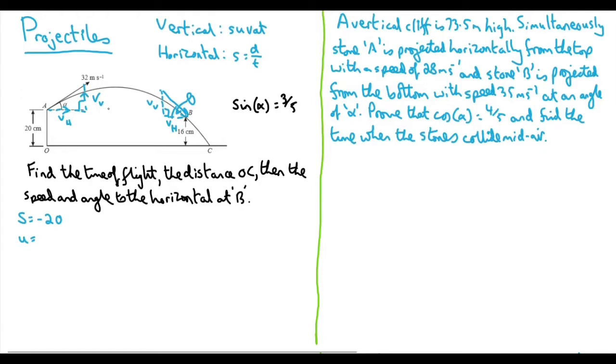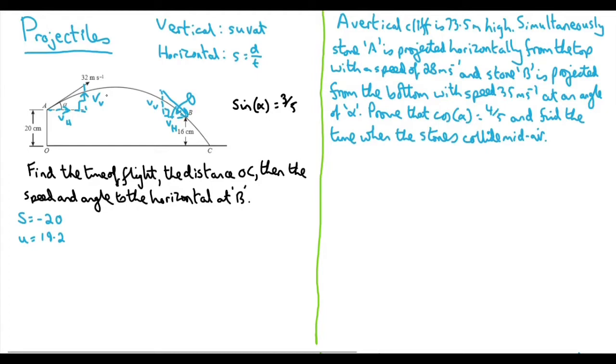So the vertical velocity here could be found by saying that, because it's a right-angled triangle, this velocity over the hypotenuse of 32 equals the sine of alpha, but we know that the sine of alpha is 3/5. So just in our rearranging, we can say therefore that this vertical velocity would be hypotenuse times the sine, would be the 32 times 3/5, which if you put that in a calculator, you'll find is 19.2 here.